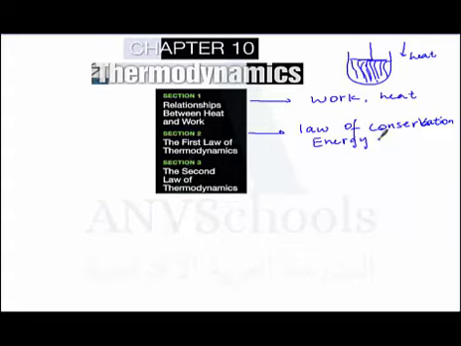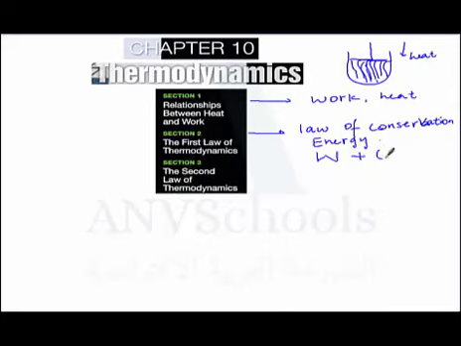Because according to the law of conservation of energy, the total energy remains constant. So whenever we are doing work on the system, the system might also absorb some heat energy.